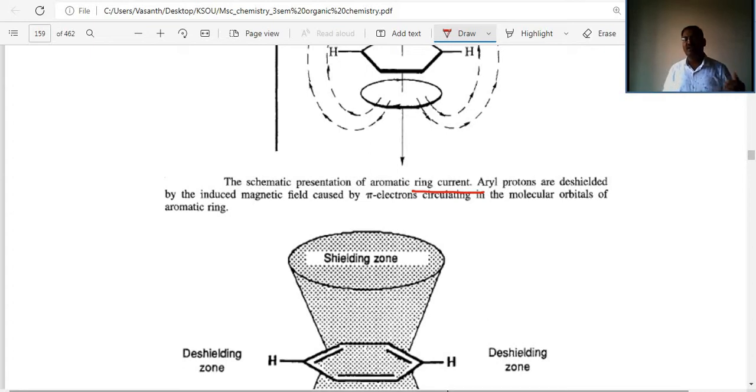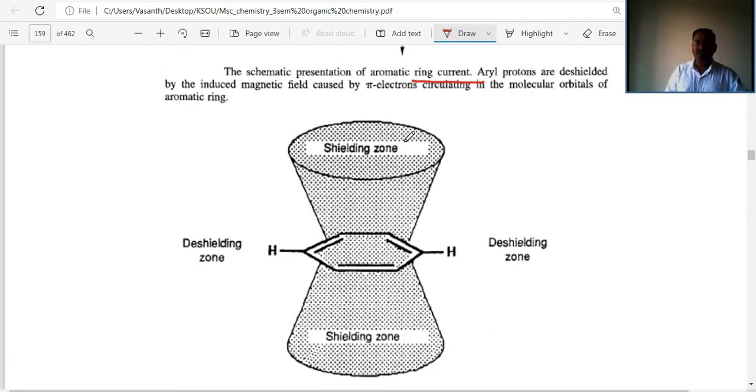Aryl protons are deshielded by the induced magnetic field caused by pi electrons circulating in the molecular orbitals of the aromatic ring. This is called what? The shielding zone.